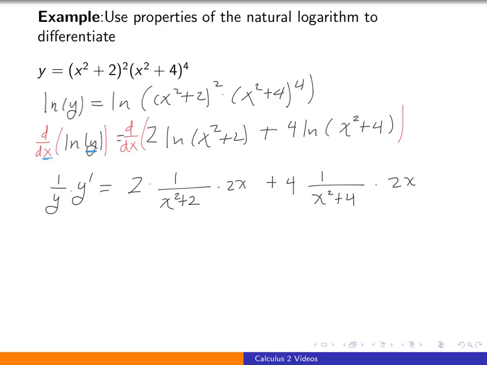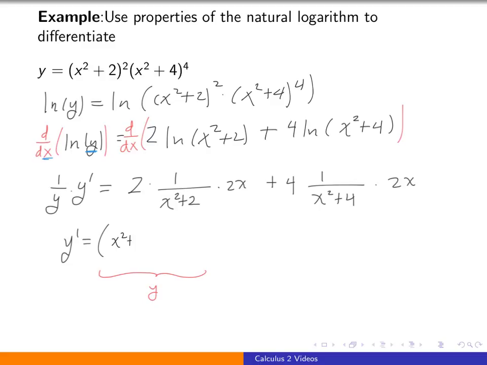What we would like to figure out is dy dx, or call it y prime. So y prime is going to equal, well, what we need to do is take this y, which is in the bottom on the left, and multiply it by both sides. So what I'm going to do here is essentially multiply by y. But instead of writing y, I'm going to go back up to the top and put it in terms of how it was originally defined.